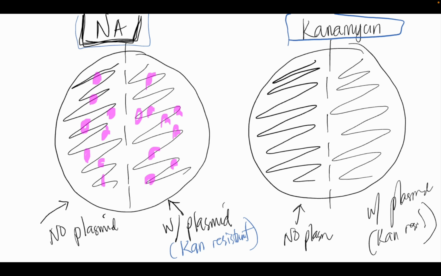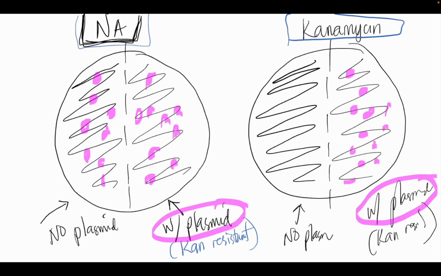In this case, you cannot see growth on the left-hand side, but you can see growth on the right-hand side. Because, again, this plasmid contains the gene necessary for resistance to what antimicrobial? Kanamycin. So that's a simple activity with which you can differentiate the type of bacterium and the resistance to antibiotic.